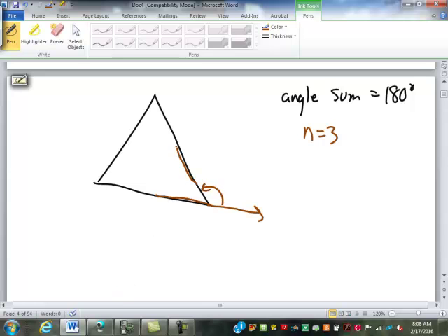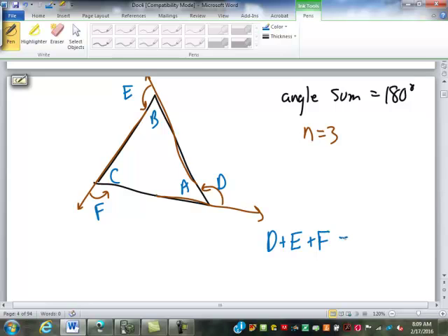Now I'm walking down this side. Get to the corner again, I'm going to turn. Walking down this side. Get to that corner again, I'm going to turn. I'm back in the same direction. So I'm going to call these interior angles A, B, and C. This is going to be D, E, and F. Angles D plus E plus F have to add up to how much?